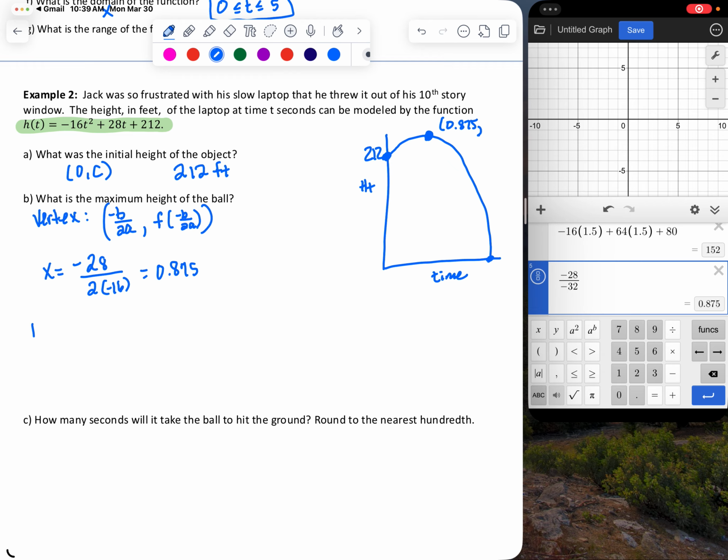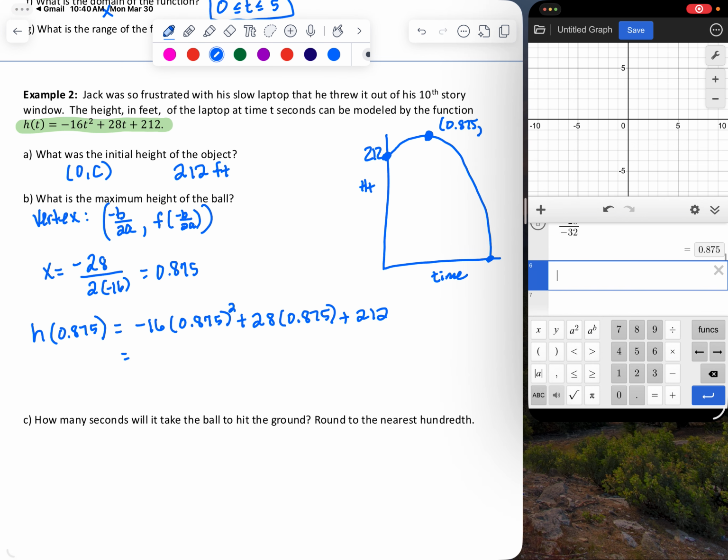So to find that, we're going to evaluate the function for h of 0.875. So to do that, we'll take negative 16, parentheses, 0.875, parentheses squared, plus 28, parentheses, 0.875, plus 212.